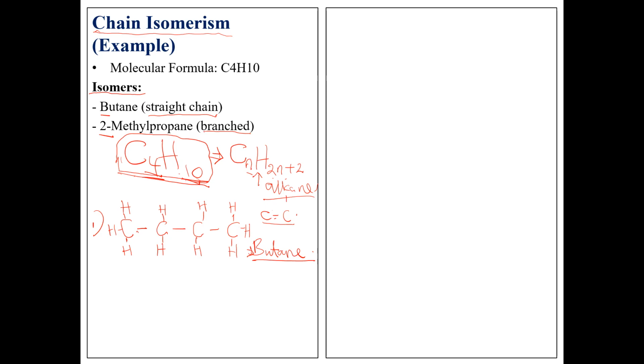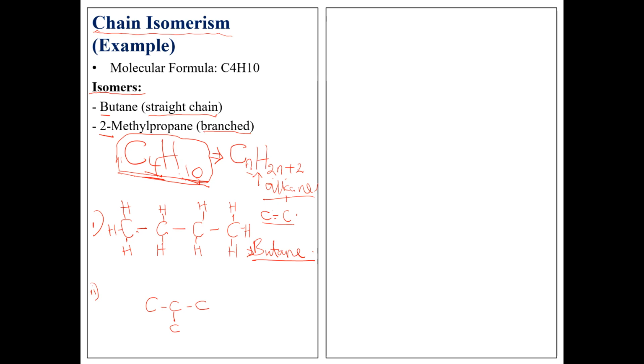But now we want to look for the second isomer. They have already given it, but we said even if you don't have it, you can still find it. Here we have 1, 2, 3, 4 carbon atoms, which means we can remove one and make it a branch. So this becomes 1 carbon atom, 2 carbon atoms, 3 carbon atoms, and then one of those we can make a branch.